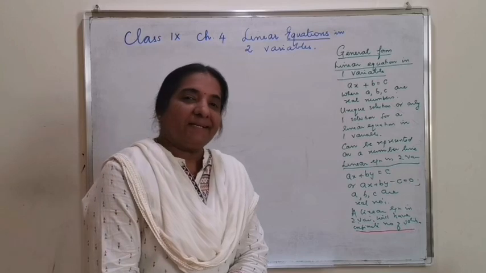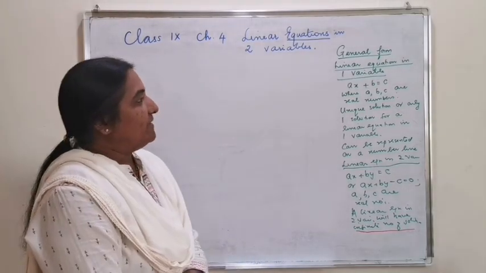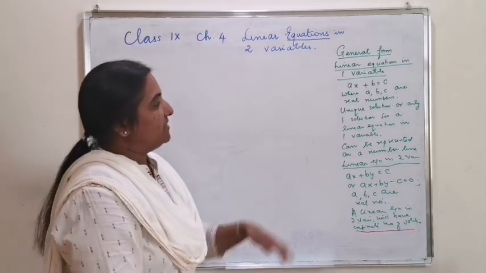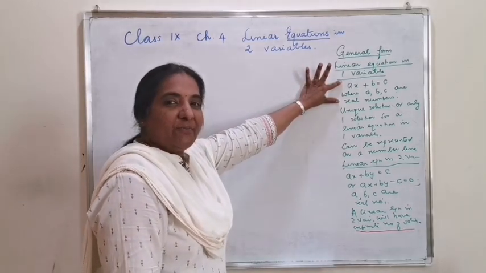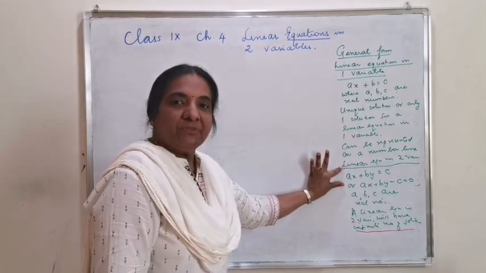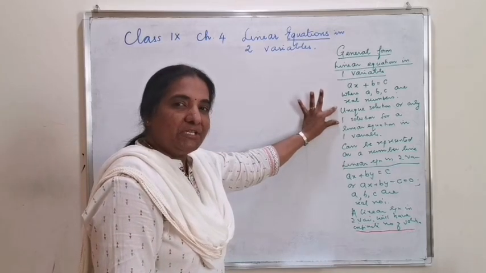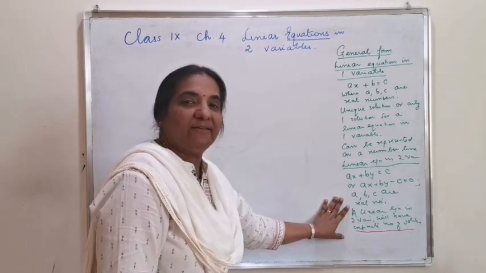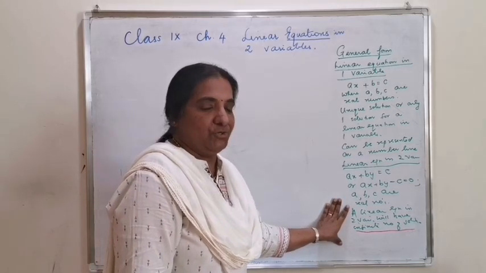When you compare the content we have done based on one variable and two variables, the first concept is the general form of a linear equation in one variable, and the general form of a linear equation in two variables. There is one unique solution for a linear equation in one variable, and for a linear equation in two variables, it will have many solutions.